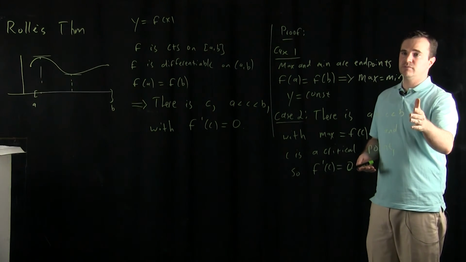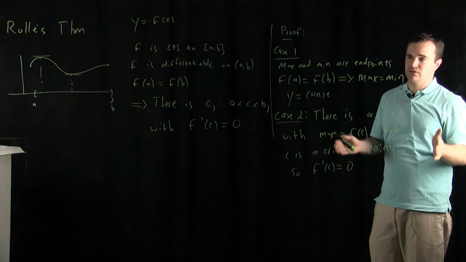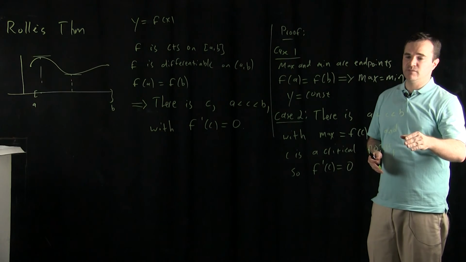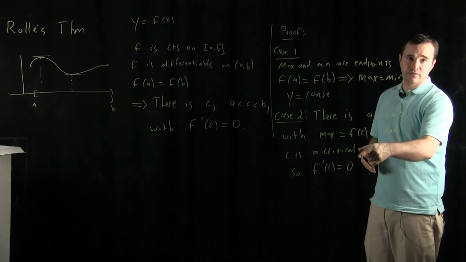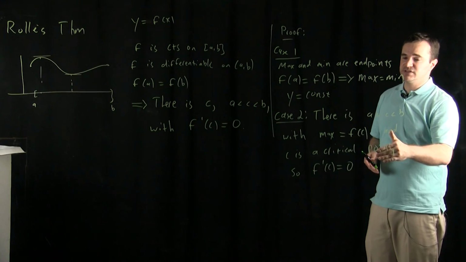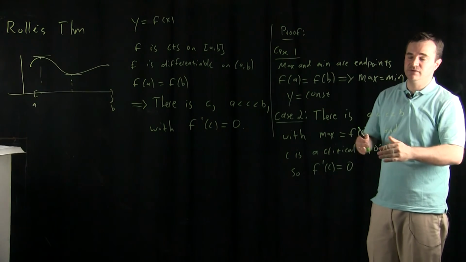Or if they don't both occur at the endpoints, the max or the min has to occur somewhere in the interior of the interval. And then you're in the situation using Fermat's theorem where it has to occur at a critical point. Your options are either the derivative doesn't exist or it's equal to 0, but we assumed that it does exist, so it does have to equal 0.